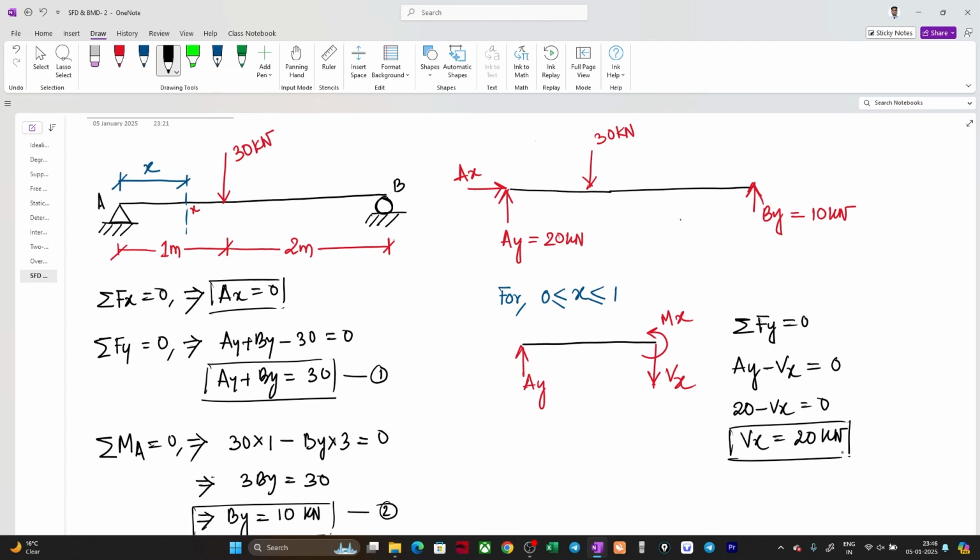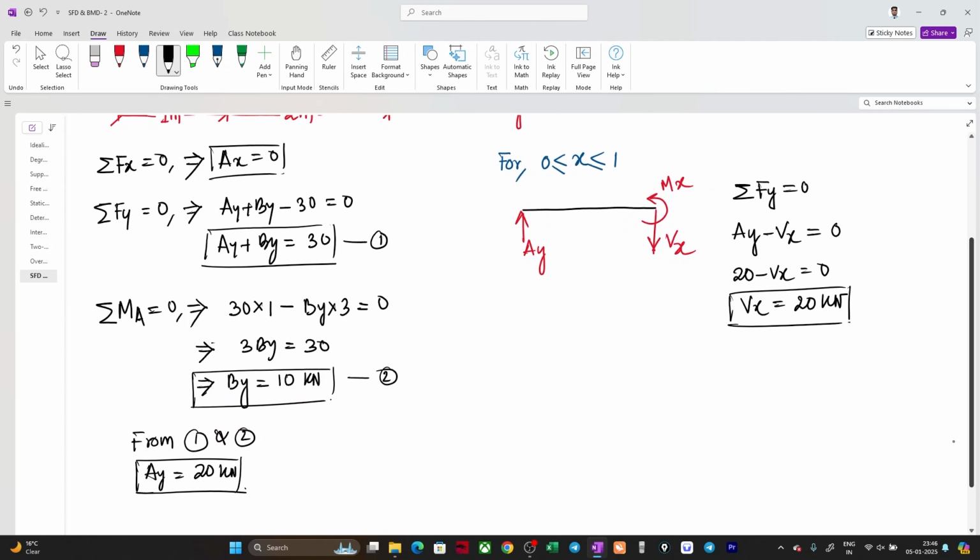Now for the same section, if we say summation of Mx equal to 0, what does it imply? At this particular point, there is a moment Mx, so minus Mx because it is anti-clockwise. Then there will be a clockwise moment developed by this Ay, so plus Ay into x equal to 0. x is this distance, right?